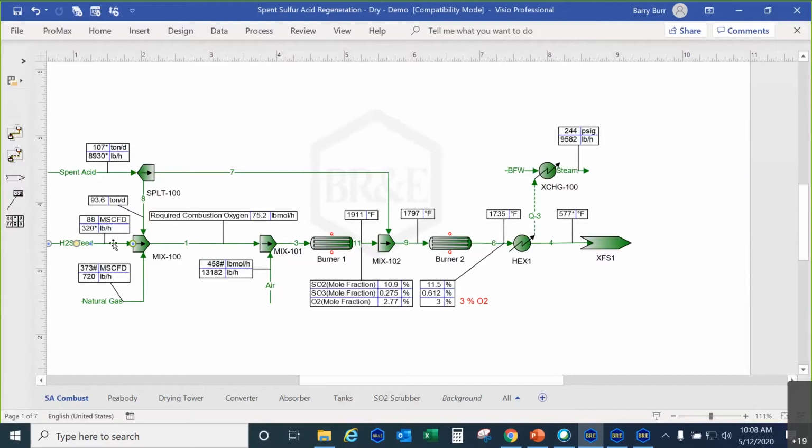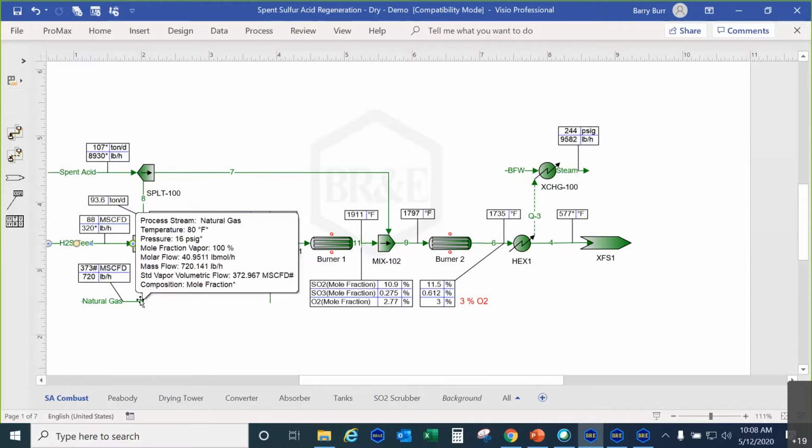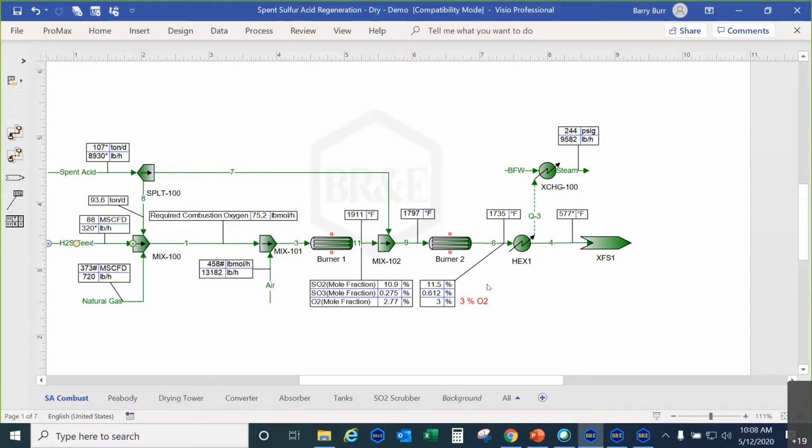This provides extra heat, since it has a much higher heating value, and also if you need to make up sulfur because you don't have enough sulfur for your needs in your spent acid, you can have that. And then we're also going to add some natural gas for temperature control. In this case, we have two different burners. They're both simulated the same way.